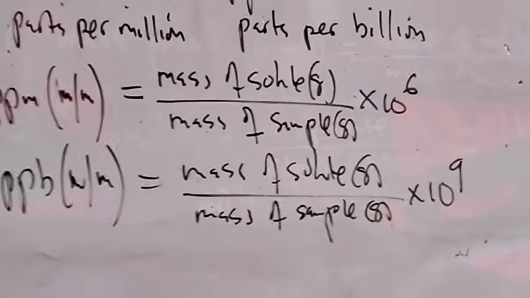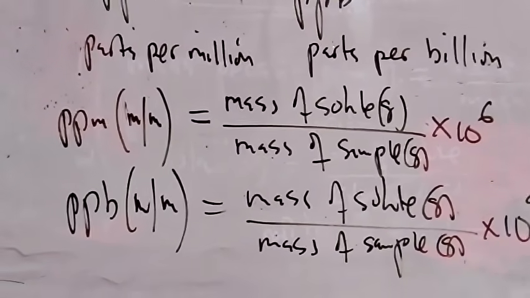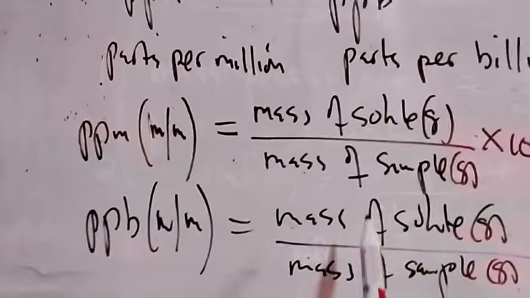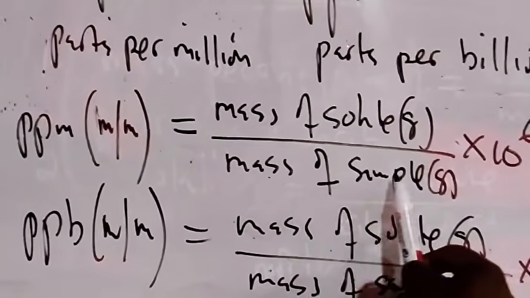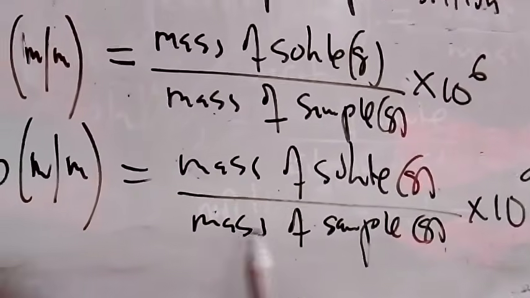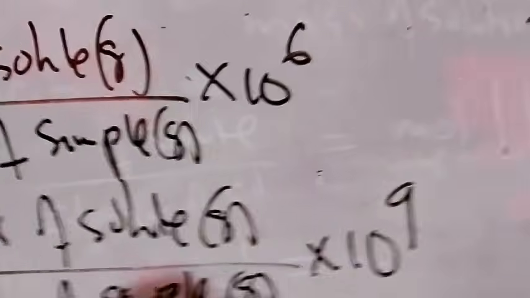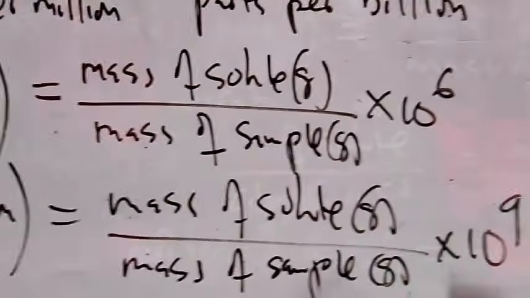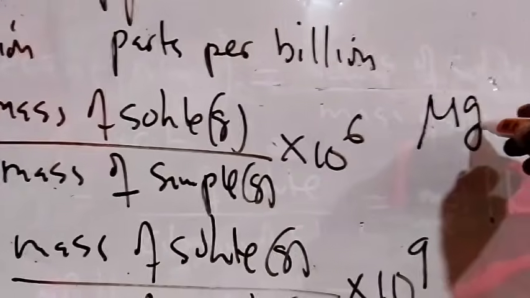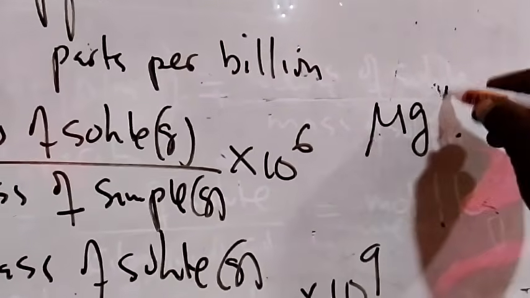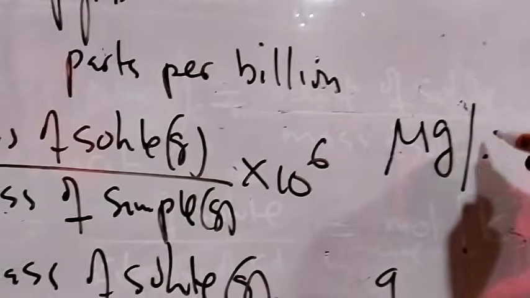If it is weight by volume or mass by volume, then mass of sample becomes mass of solution. We can also calculate ppm simply by dividing microgram per gram.